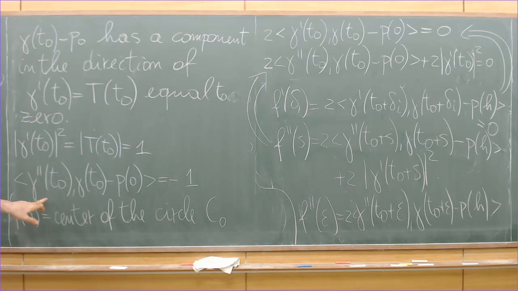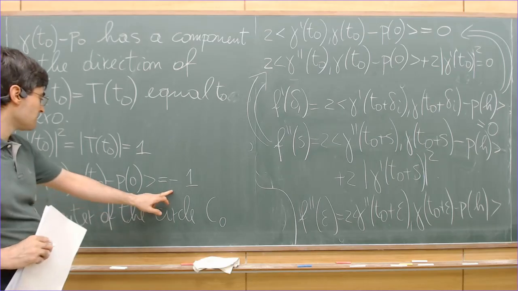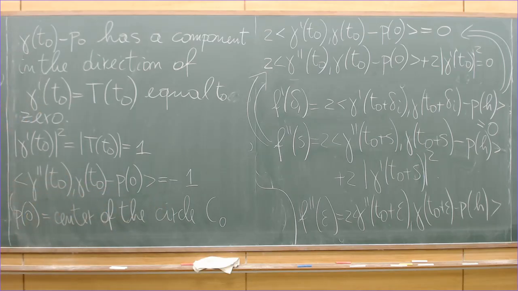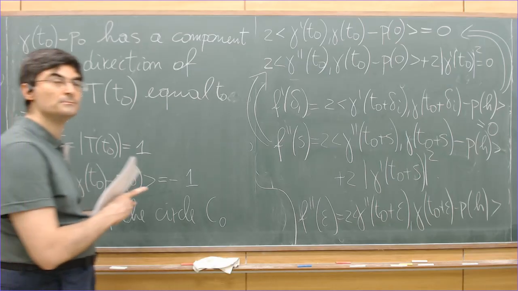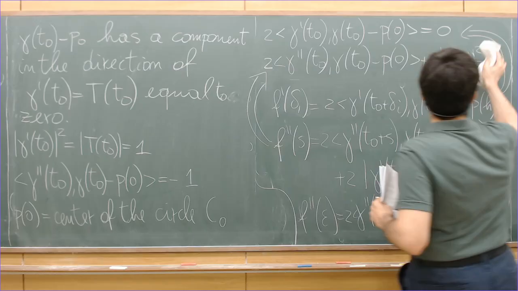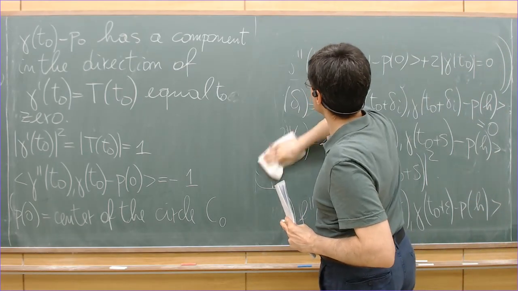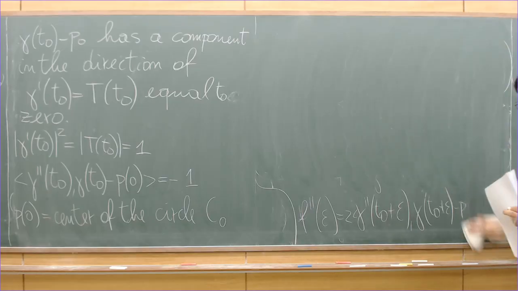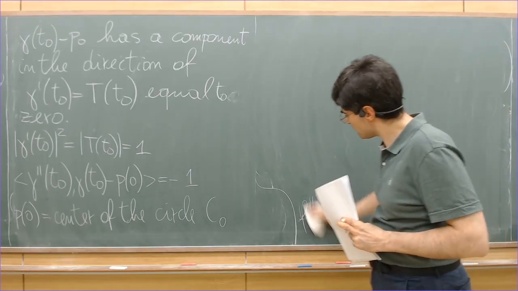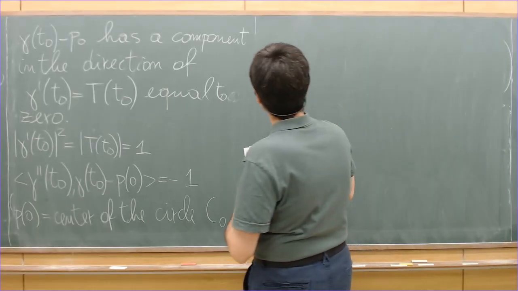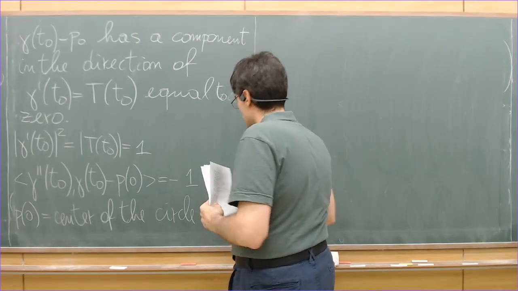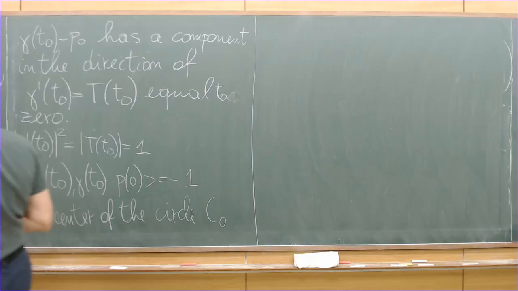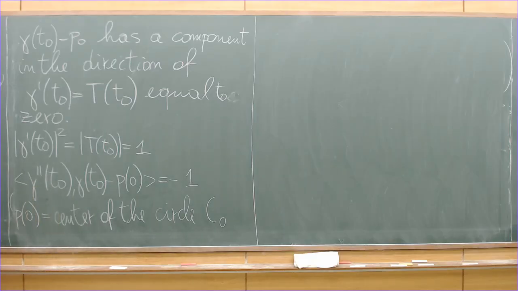In order to understand the meaning of this identity, we have to understand what is gamma second T0. But this is very easy.